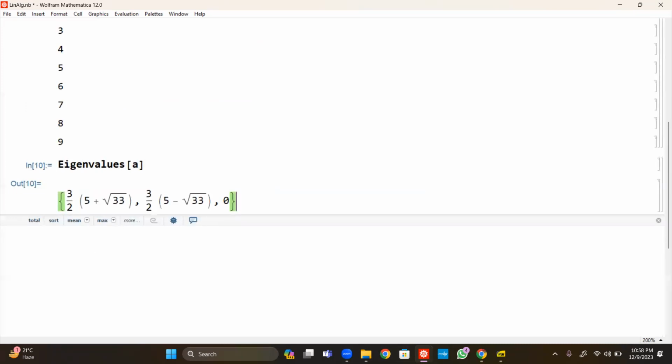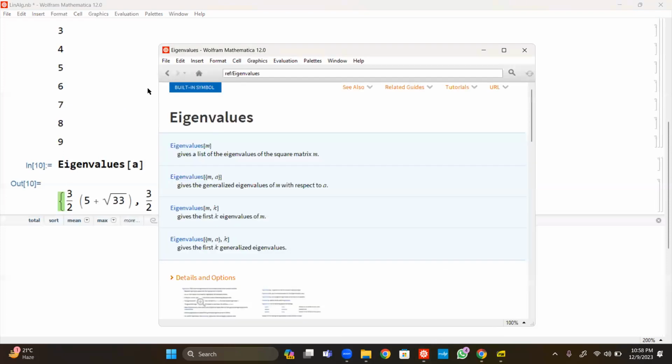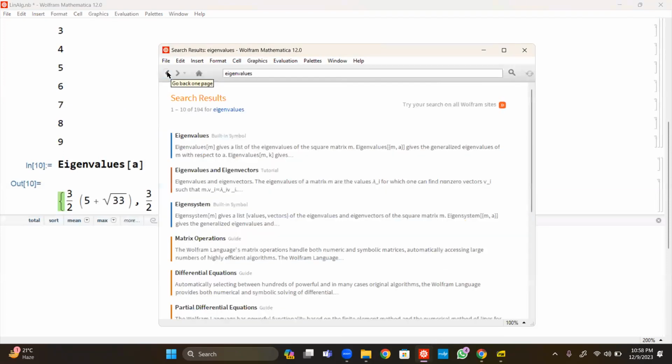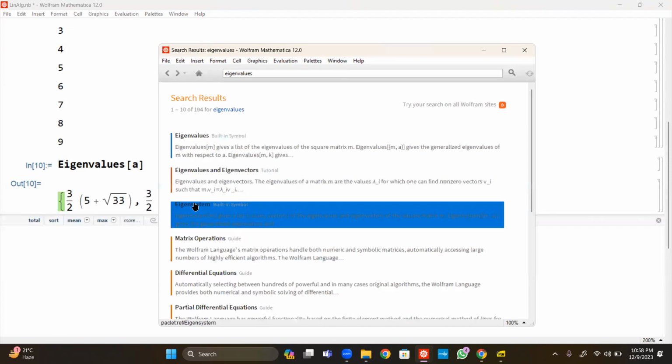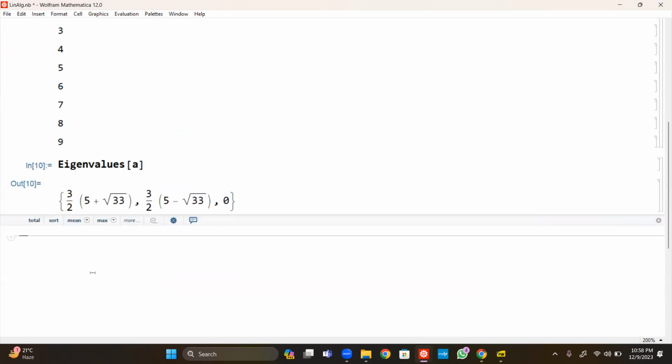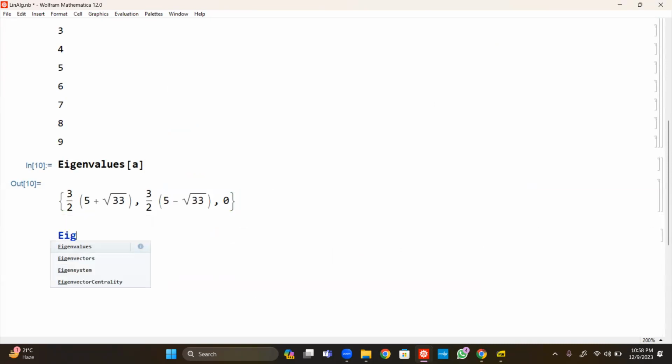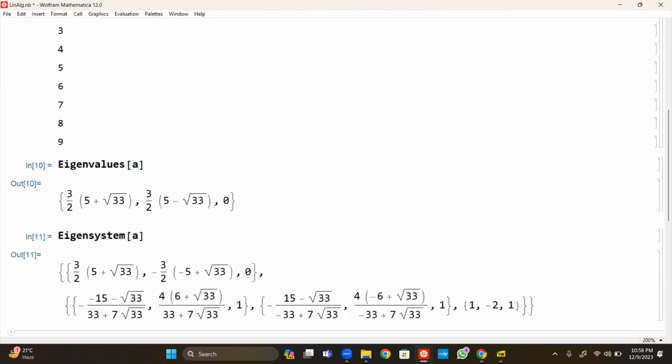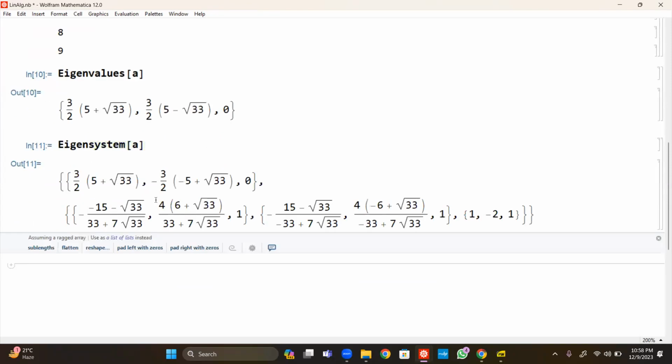Another function you got there was Eigensystem. An Eigensystem gives a list of eigenvalues and eigenvectors. If you just write Eigensystem and input A, it gives everything.